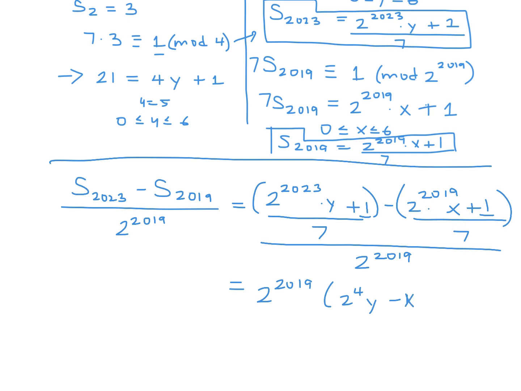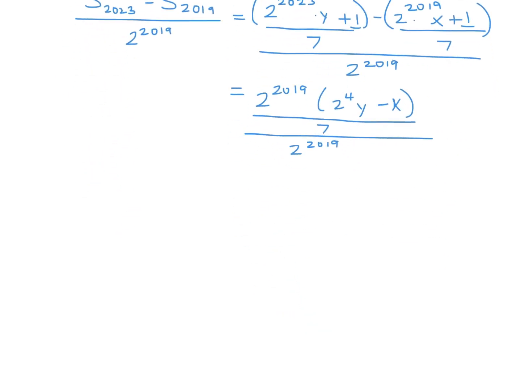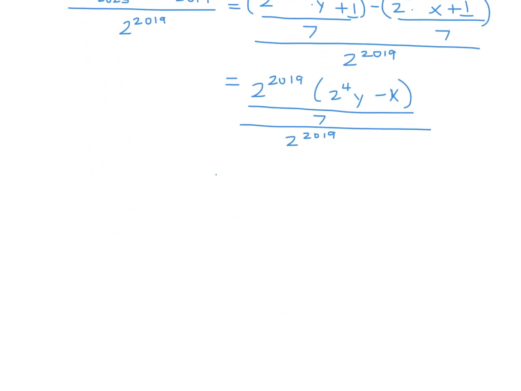There should be an x there. And then all over 7. And then that's all over 2 to the power of 2019, like that. Okay, so I think these 2 to the power of 2019s cancel. So that leaves me with just 16y minus x over 7.